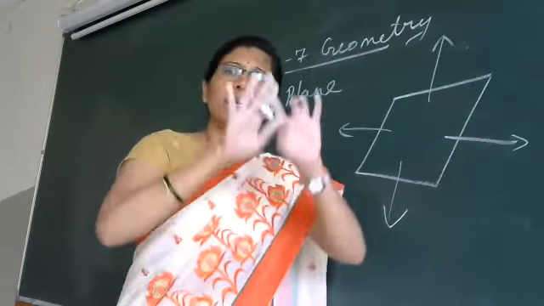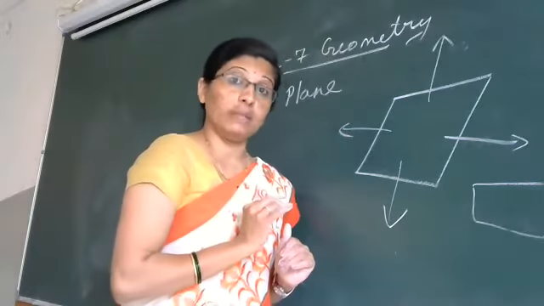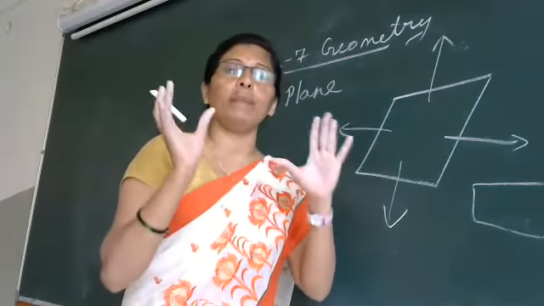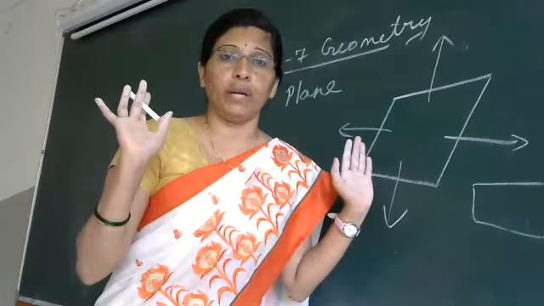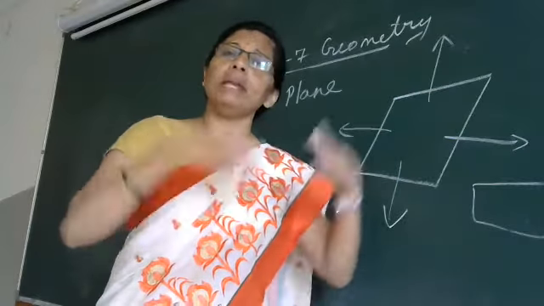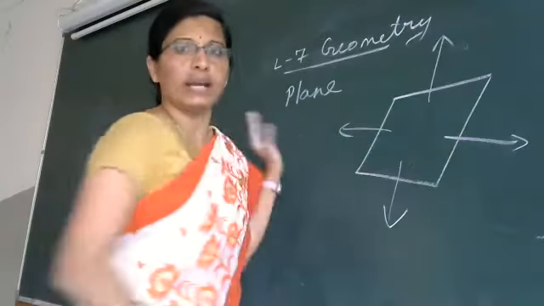It has some proper length, proper breadth. But the plane doesn't have any proper length or breadth. A plane is made up of many points and many lines. It extends from all the sides.